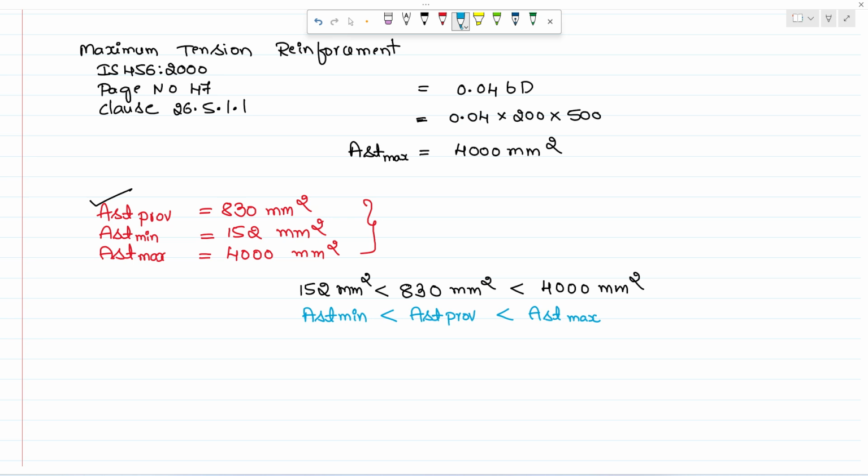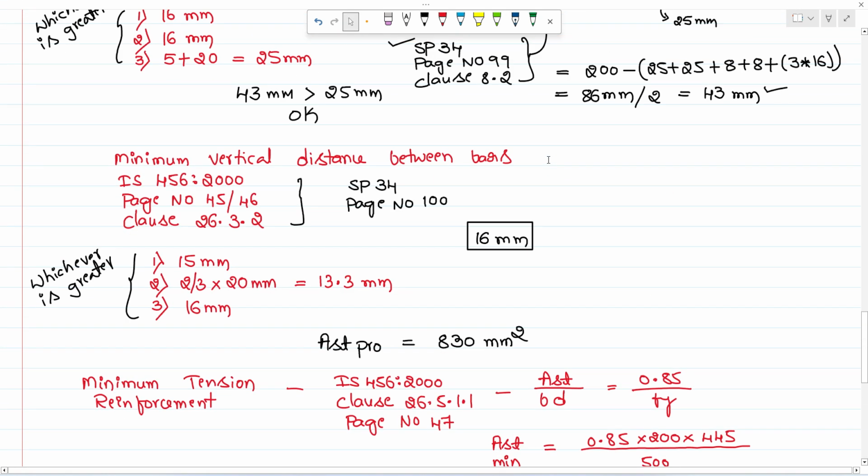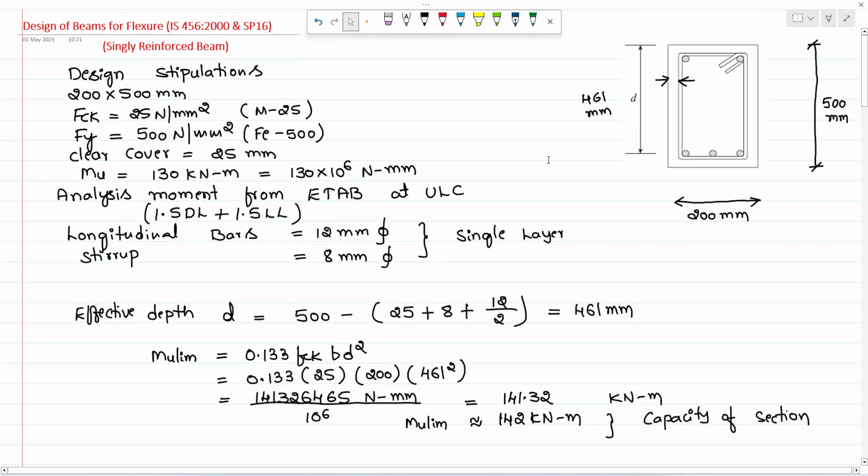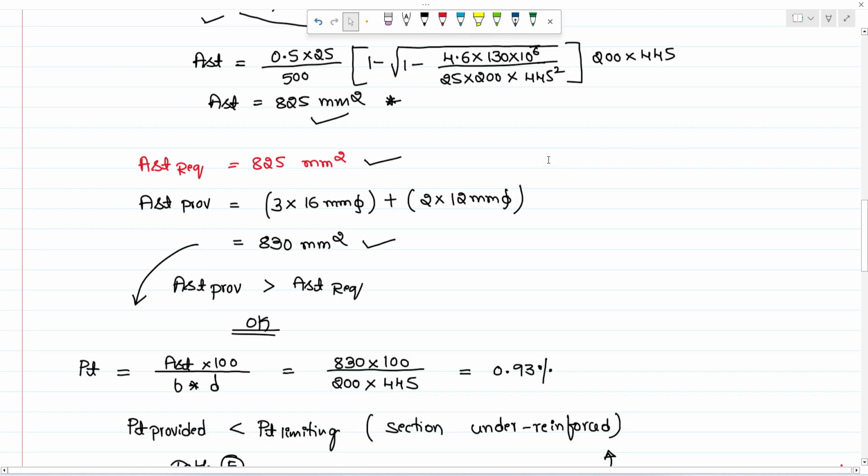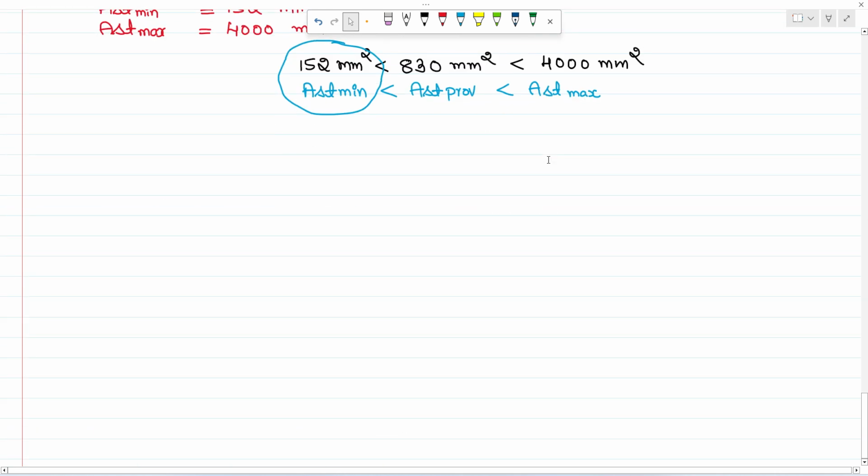If the provided reinforcement is less than the minimum, then you need to provide the minimum reinforcement only. Okay. So this is your IS 456 method. Next we shall discuss the SP16 method.